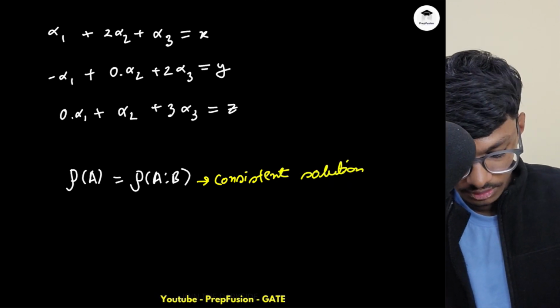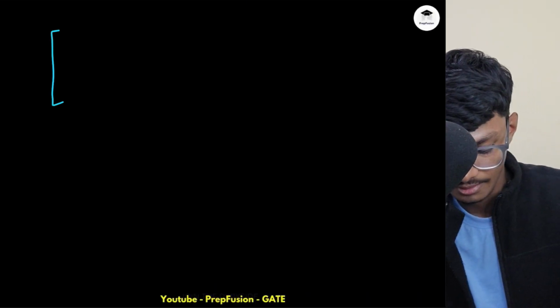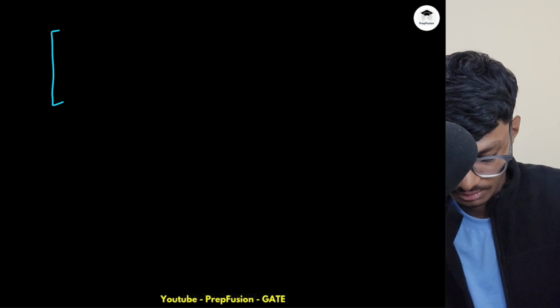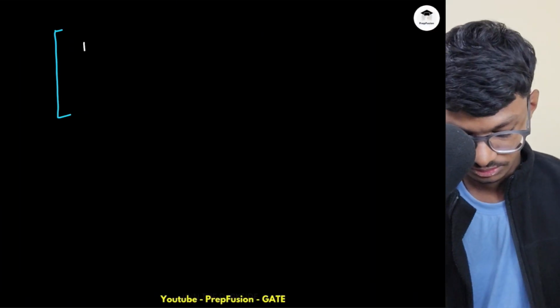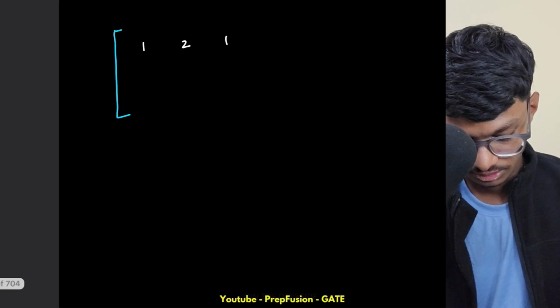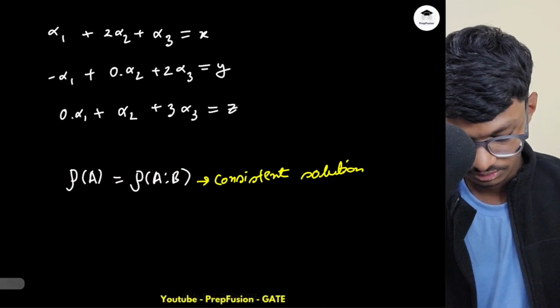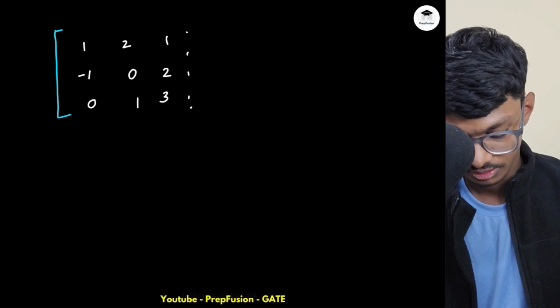Okay, so this will be 1, 2 and 1, this will be minus 1, 0, 2, this will be 0, 1, 3, and again the augmented matrix, right?